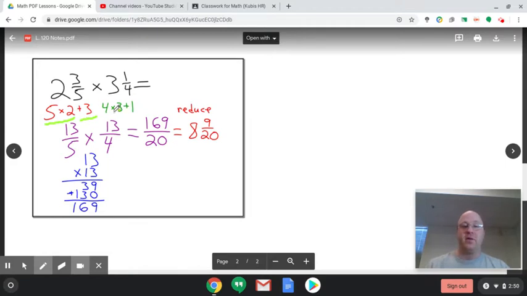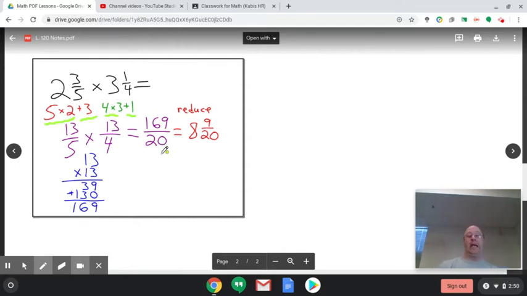Then the next one, 4 times 3, 12. Add that 1, gets us to 13 over 4. Now we do some multiplication. 13 times 13, which you see I did here, equals 169. 5 times 4 equals 20.